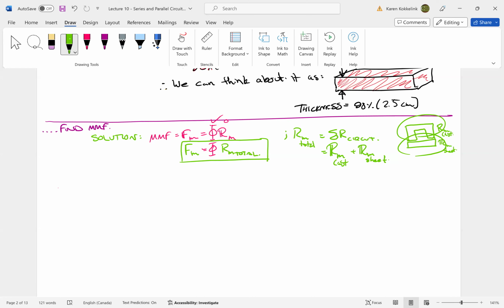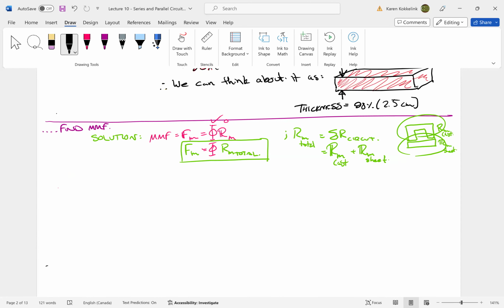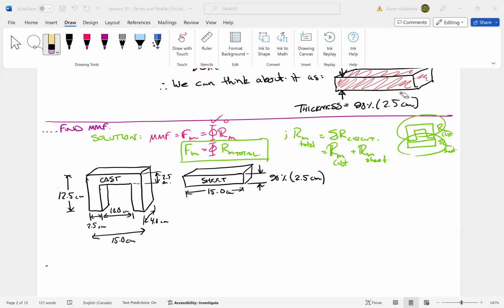So we're going to have to look at the cast piece and the sheet piece. Let's draw again this cast piece and draw the sheet piece. Here are the diagrams that we have to make. And remember, what we have to do here is calculate the reluctance for this formula because we want to solve for Fm.